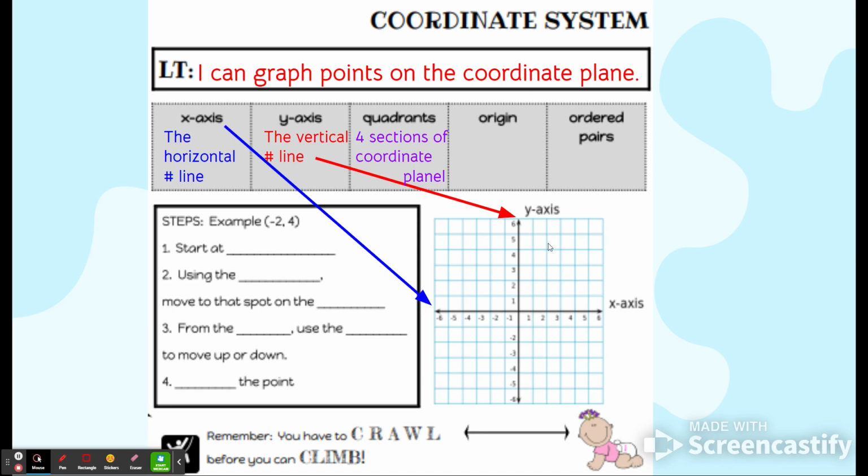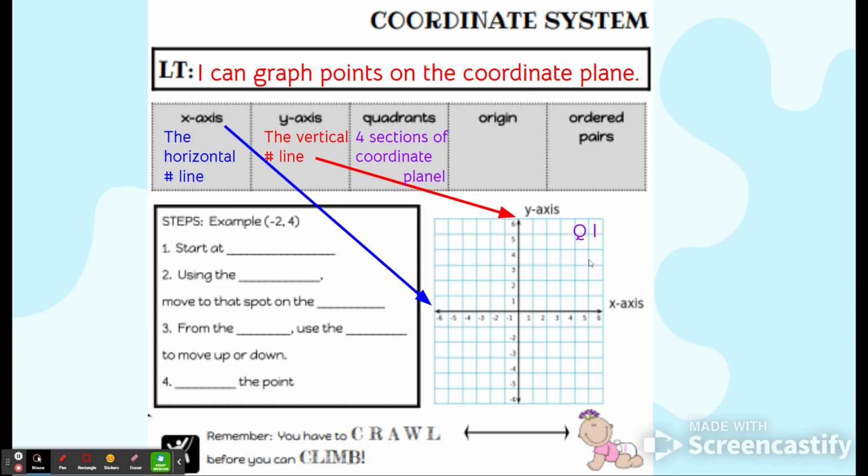First, each one's called a quadrant, okay? And our quadrant 1 is going to start up at the top right here. So that is your quadrant 1. So please write a Q1 or quadrant 1 in that section of your coordinate plane.